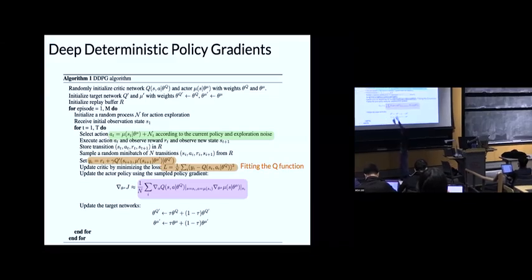The target networks are only used to give you the targets for your Q. Exactly like in DQN, we use them to get the targets for our Q values. Yeah, exactly. So the actor parameters are part of that Q. Okay. Exactly.